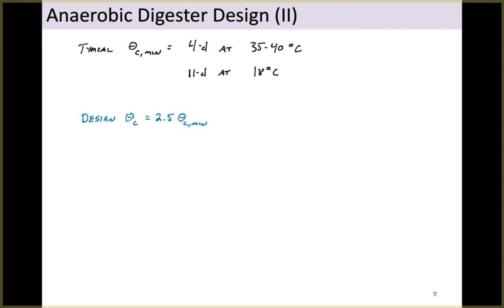And for design purposes, we'll often use 2.5 times that minimum. So your design process up to this point would be calculating that theta C min, and you're doing so by temperature correcting all of the various rates and coefficients. And whatever you get for that minimum time, you're going to multiply that by 2.5 to get the design time for your reactor.